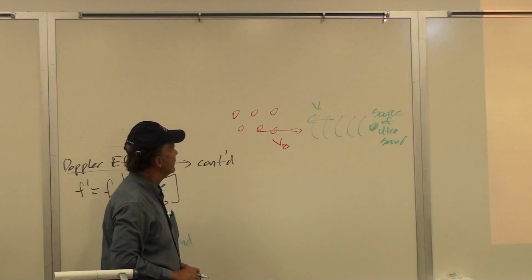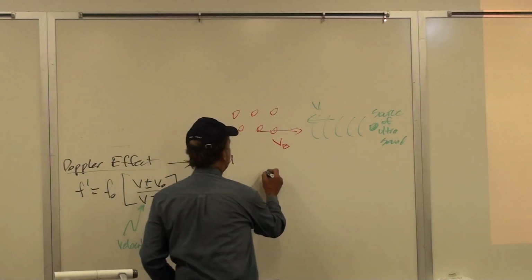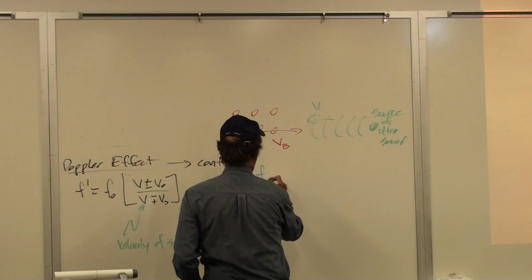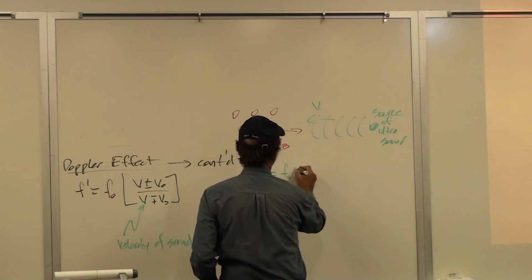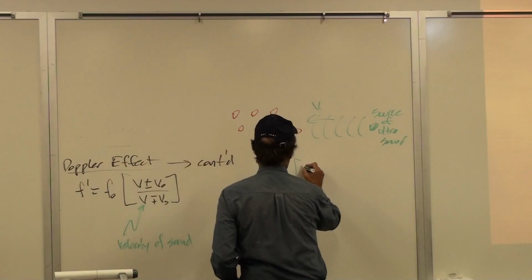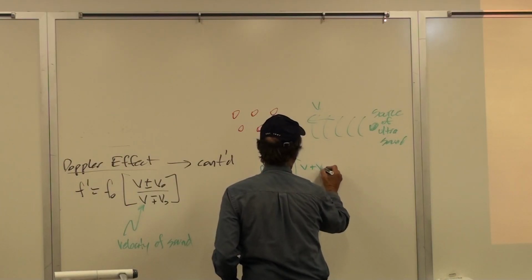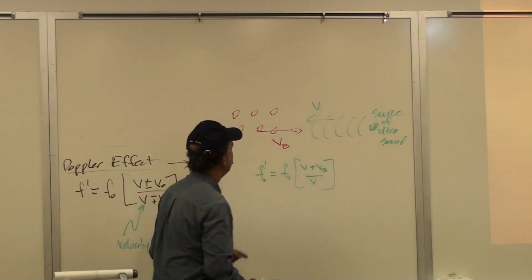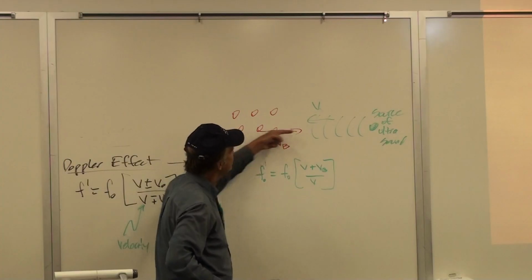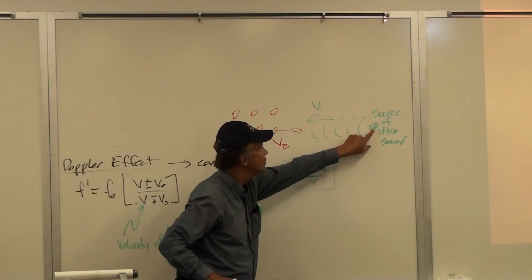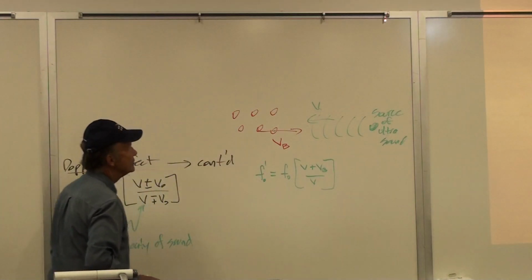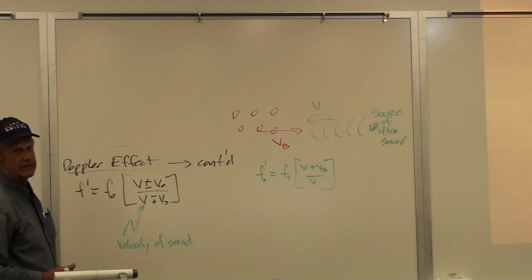And so what we get from this first interaction is an F0 prime, if we were to call it that, that's equal to F naught times V sound plus V blood divided by V. Okay, because in this case, the blood is moving toward the source of the sound, and so you have a velocity change, but the source is motionless.